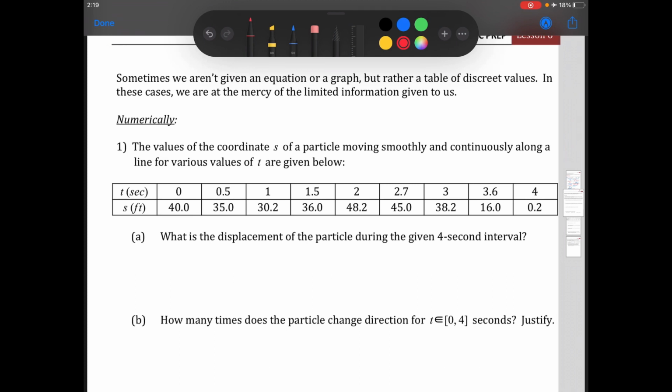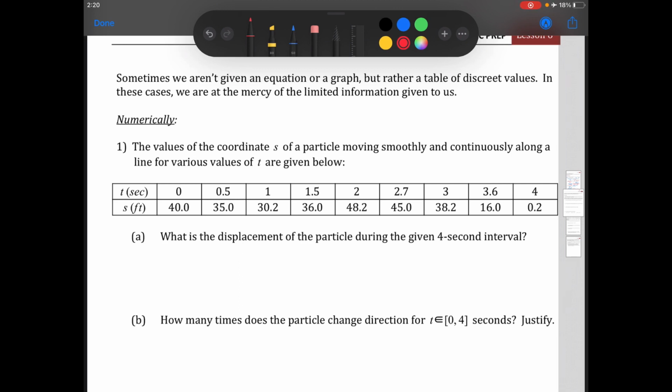So sometimes we aren't given an equation or a graph, but rather a table of discrete values. In these cases, we are at the mercy of the limited information given to us. In the table, we don't know every single value for the given function or the given particle. So we need to make the most out of it and know how to read these tables.